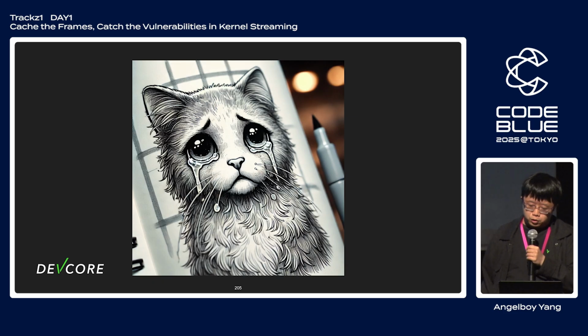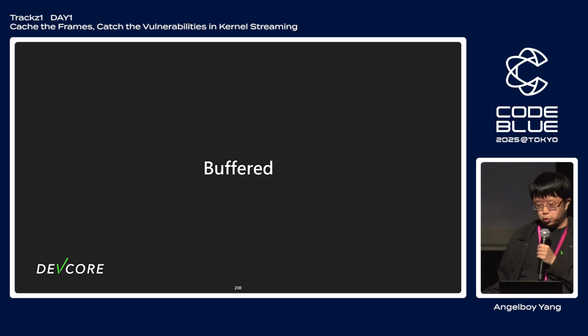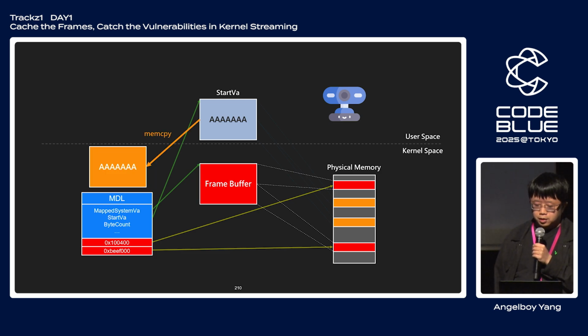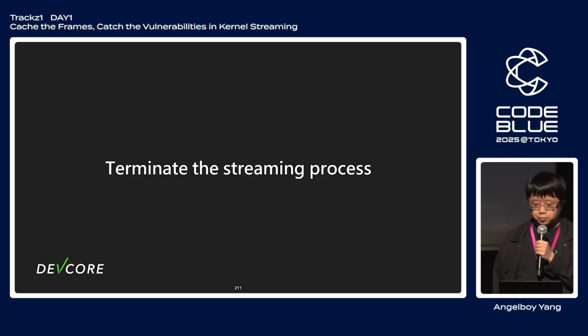At first, it looked like we were stuck, but luckily, kernel streaming offers an attribute called buffer mode. If buffer mode is enabled, KS will allocate a new buffer as an intermediate buffer. It then copies the content from the original image buffer into the new buffer memory. Then we stop the streaming.